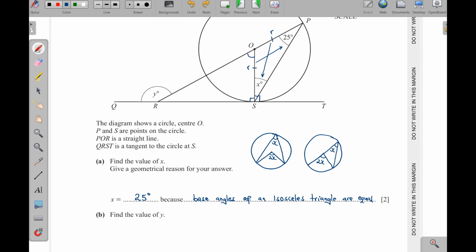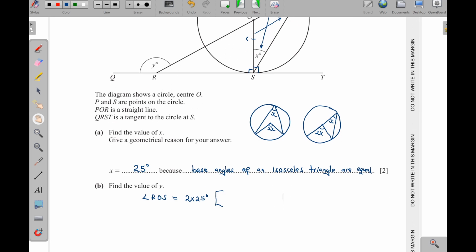Okay. So I will say that angle ROS is going to be equal to 2 times 25. What am I saying here?